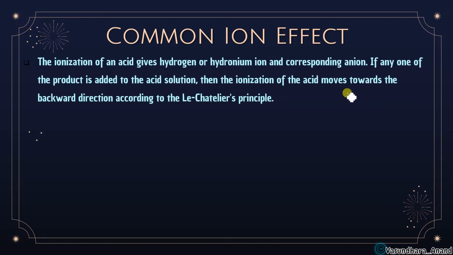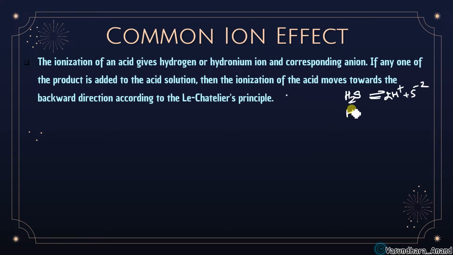As for example, if I am adding HCl and that is going to dissociate into H plus and Cl minus, sorry, we will add that later, first we add H2S. Just take an example like weak electrolyte H2S. If I am using this, it is going to dissociate into 2H plus and S minus 2.